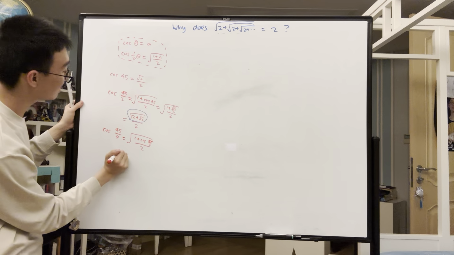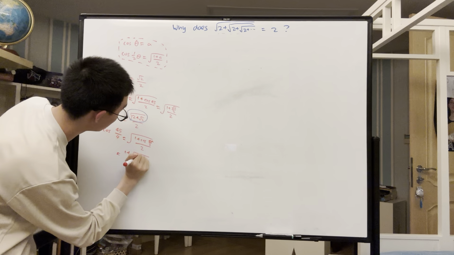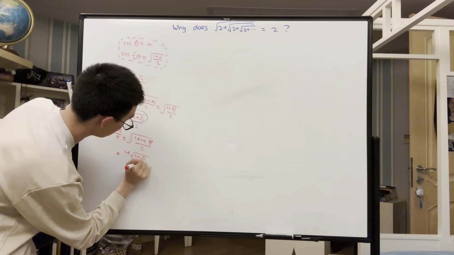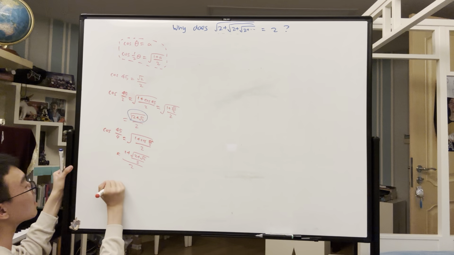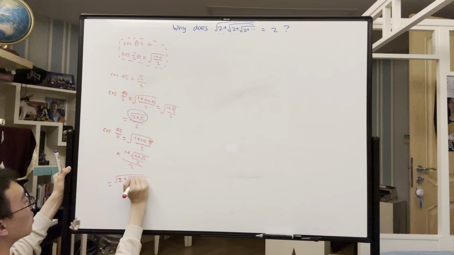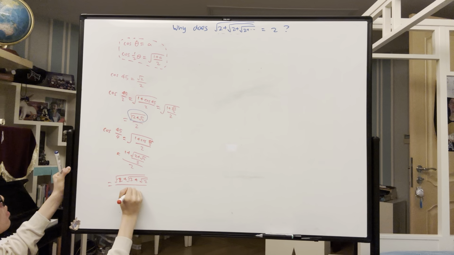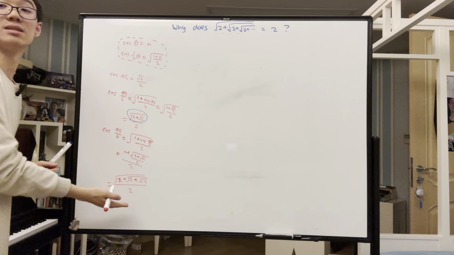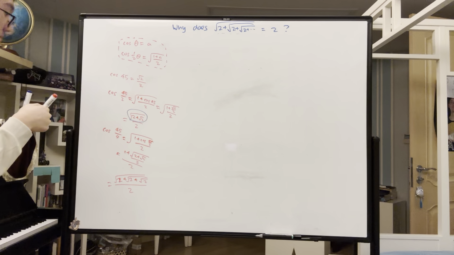So this would yield us 1 plus root 2 this, which eventually would just give us this, which looks even closer to our continued fraction.